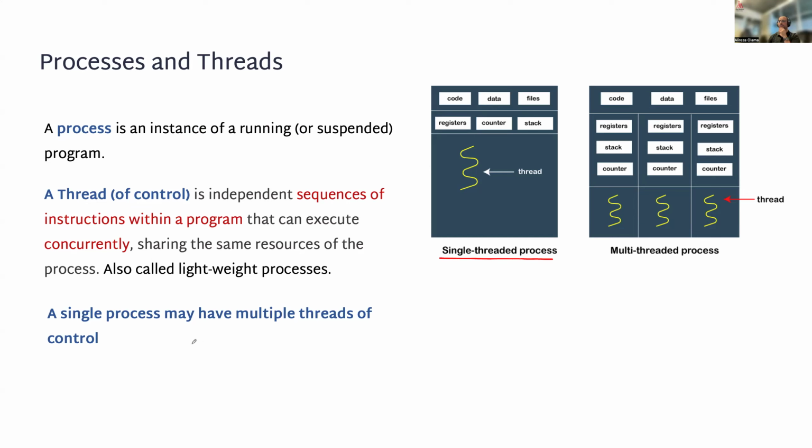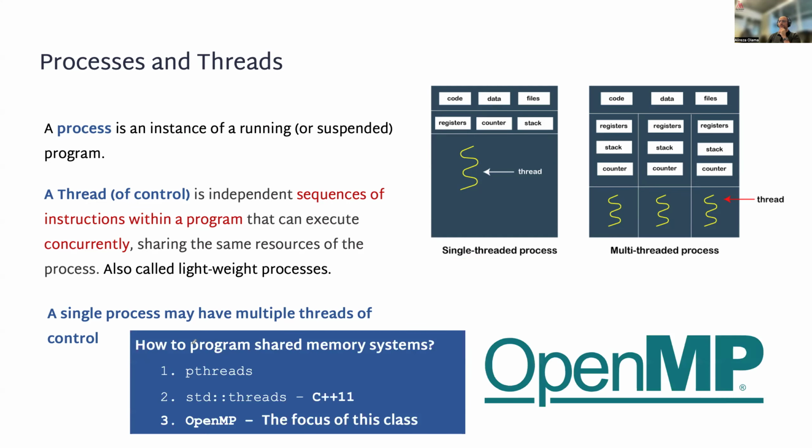Okay. All right. So there are a lot of ways to write shared memory programs, to write multi-threaded programs. In this course, we talk a little bit about Pthreads, which is one way of doing multi-threaded programs. Then we talk a little bit about the standard C++ thread library, which was introduced in C++11.